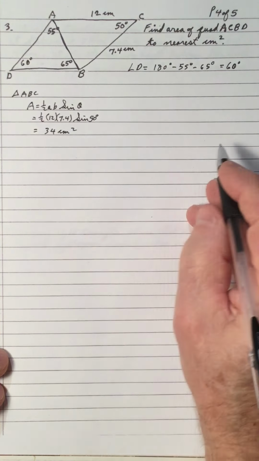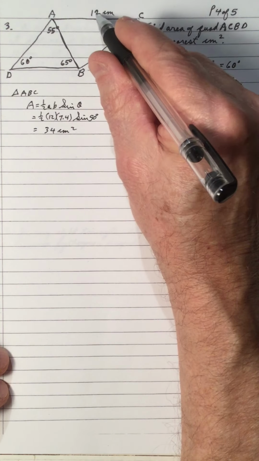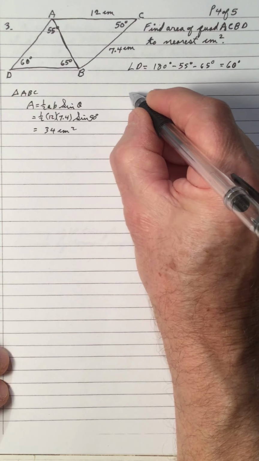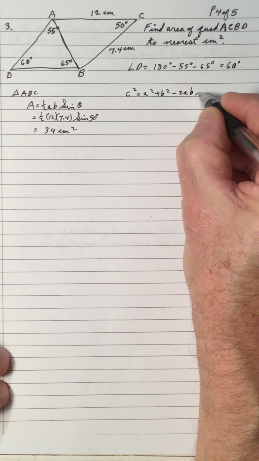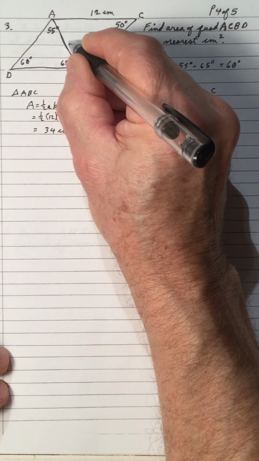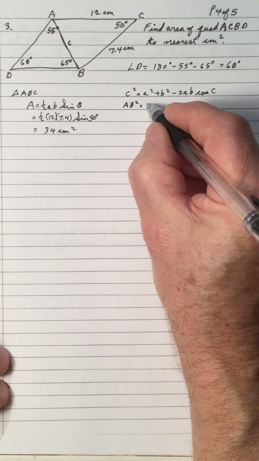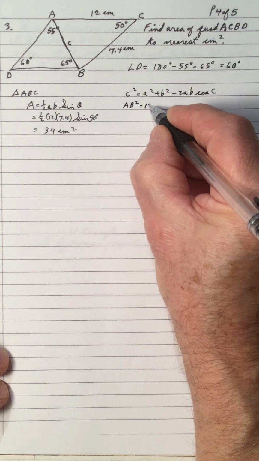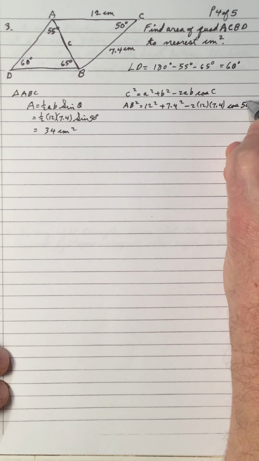Now we need to get the area of this one, but we don't have any sides. But because we have this triangle ACB with two sides and an included angle, we can use the cosine law. c squared is a squared plus b squared minus 2ab cos C. We can call this small c if you want, or we can say AB squared is 12 squared plus 7.4 squared minus 2 times 12 times 7.4 times cos of 50.